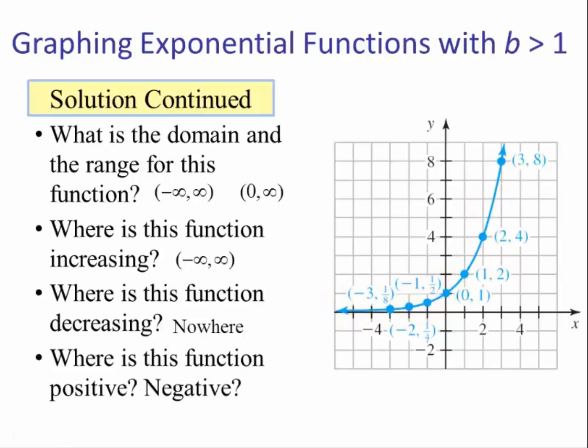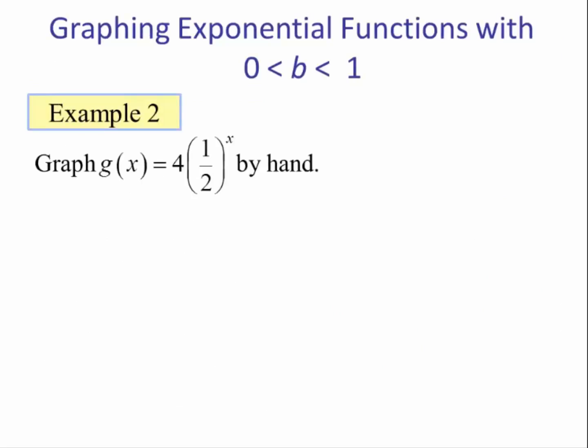Where is the function positive? That's asking where are the y values, the outputs, positive. As we can see, this graph covers quadrants 1 and 2. In quadrants 3 and 4, where y's are negative, there's no part of the graph. So the function is positive for all real numbers, and the function is negative nowhere. It's the empty set.